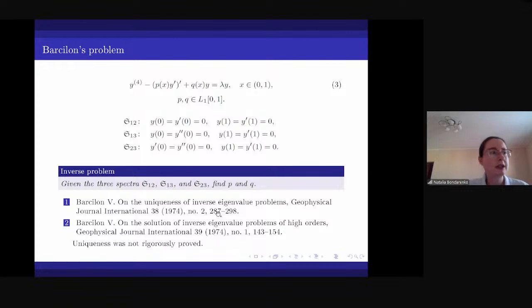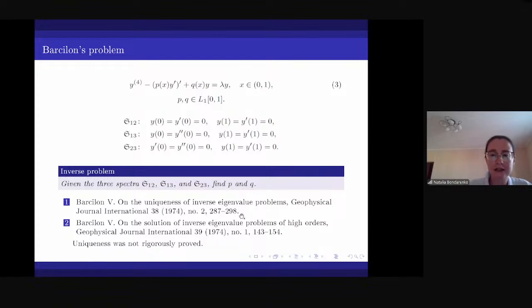But unfortunately, the proof in this paper contains mistakes, and it was unclear, at least for me, whether its results are true or false.